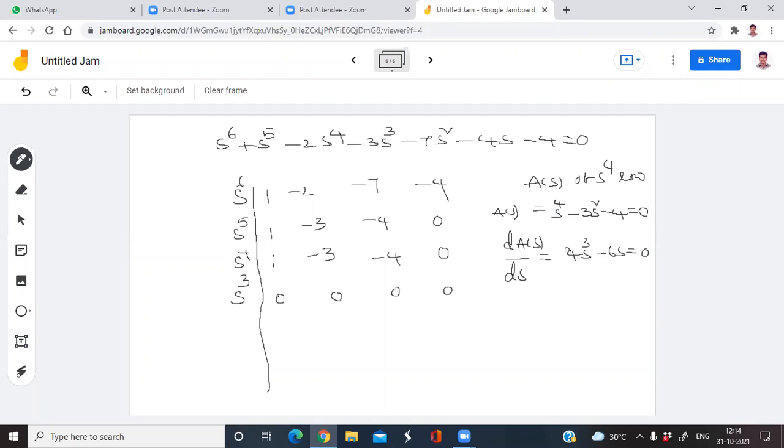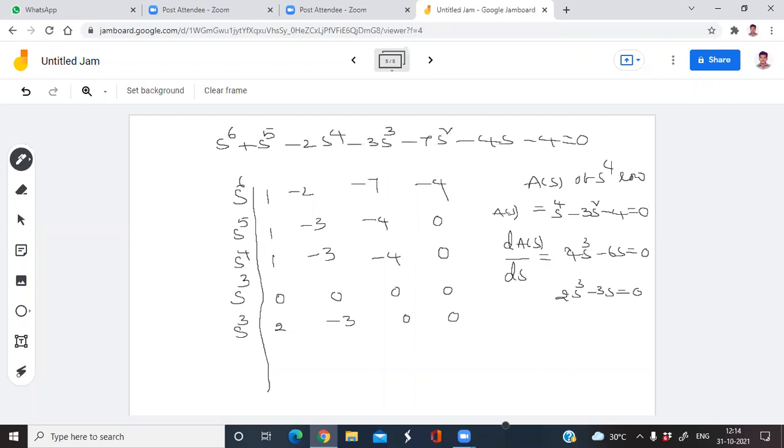Taking 2 as common, you get 2s^3 minus 3s equal to 0. This is the polynomial equation we use to write the elements in the s^3 row. What are the elements here? 2 here, minus 3 here, remaining are 0.